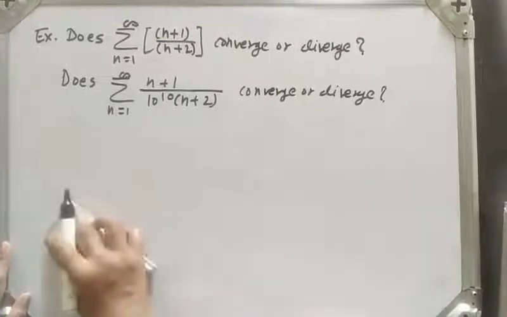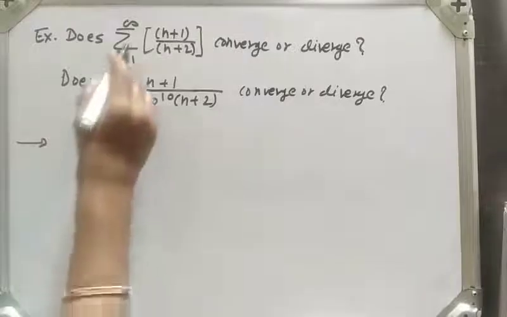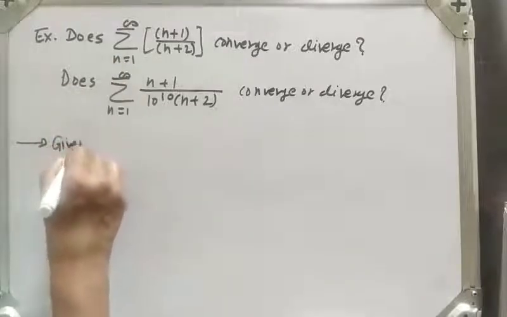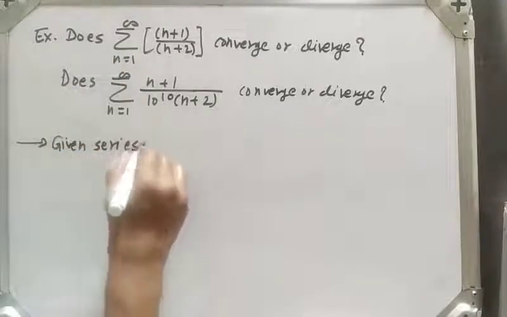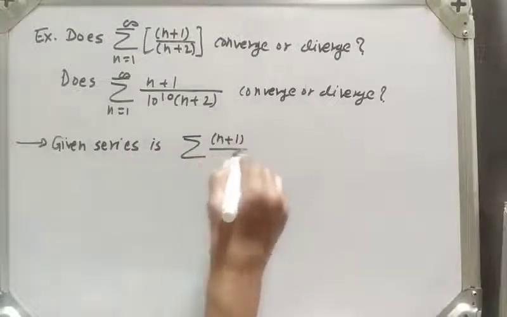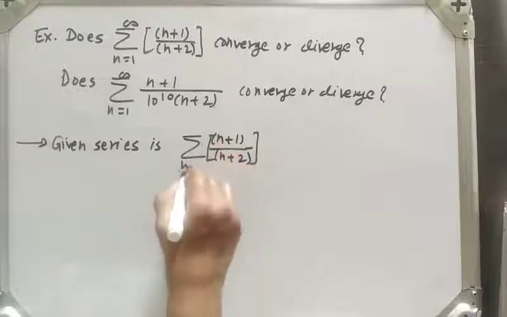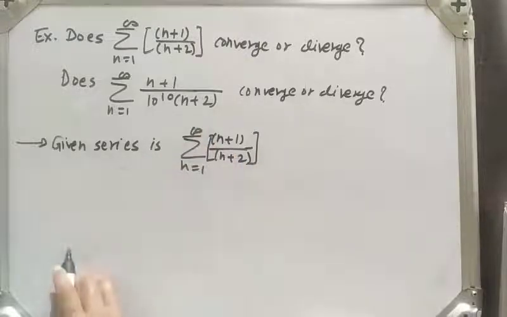So in the solution, let us check the first series. The given series is summation (n plus 1) upon (n plus 2), n varies from 1 to infinity.